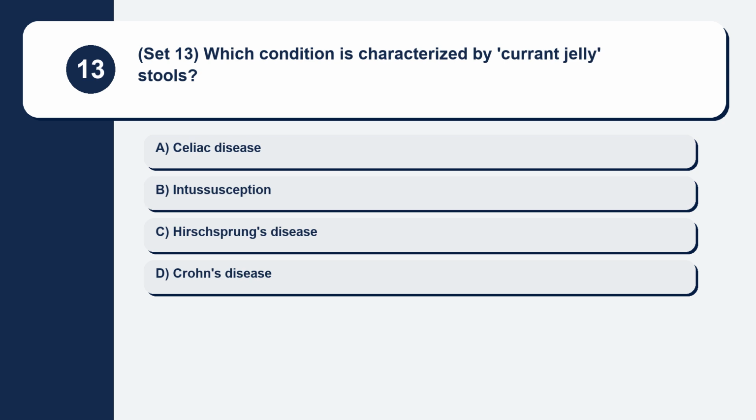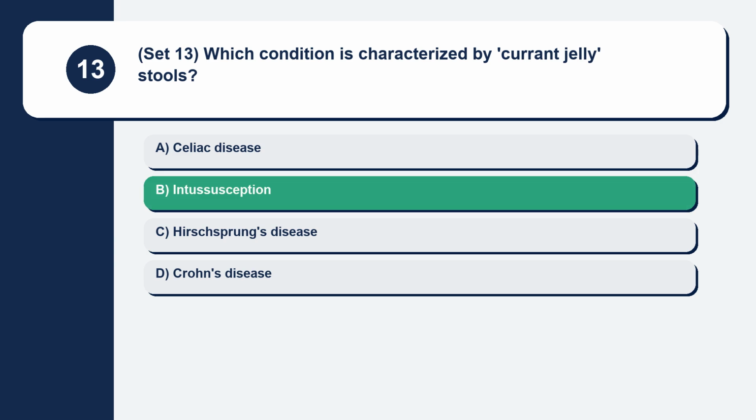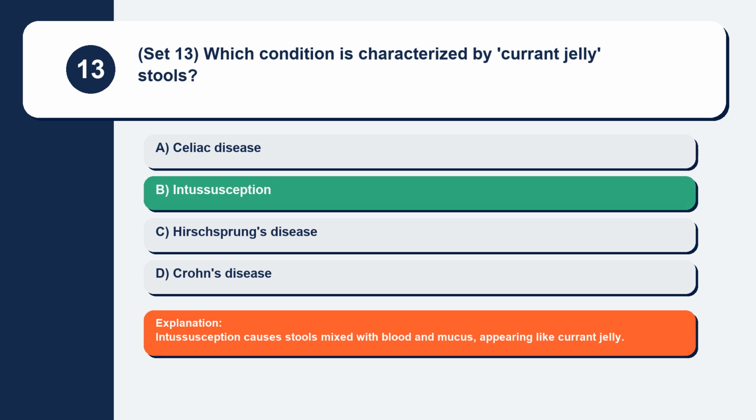Question 13. Set 13. Which condition is characterized by currant jelly stools? Celiac disease, intussusception, Hirschsprung's disease, Crohn's disease. Intussusception causes stools mixed with blood and mucus, appearing like currant jelly.